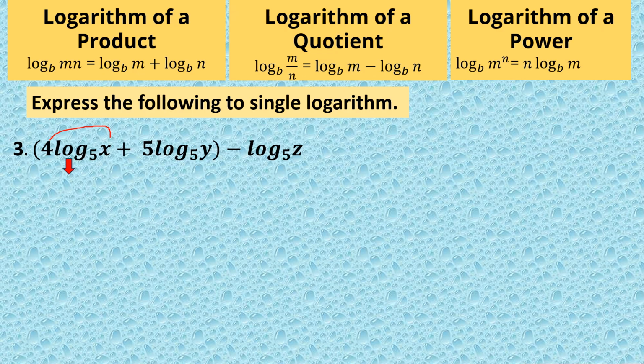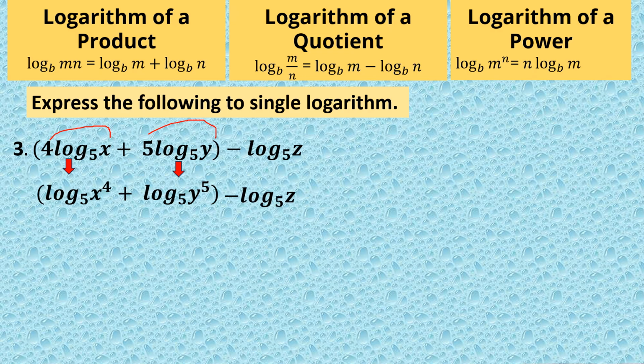We transform this into a base x with an exponent of 4, so there's no 4 before the word log anymore. That 5 is also an exponent of y, so there's no 5 there anymore. Therefore, we have already rewritten it in exponential form.